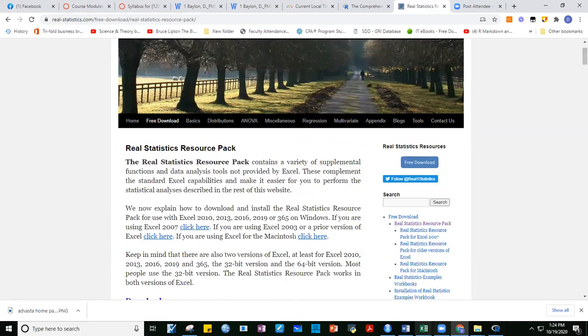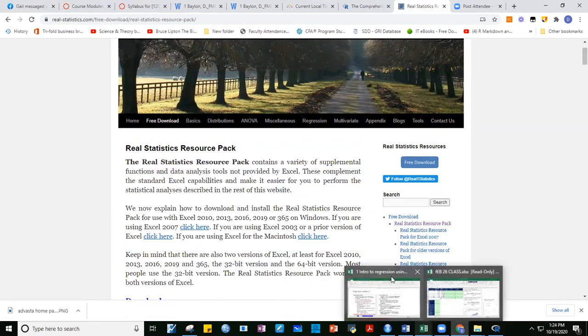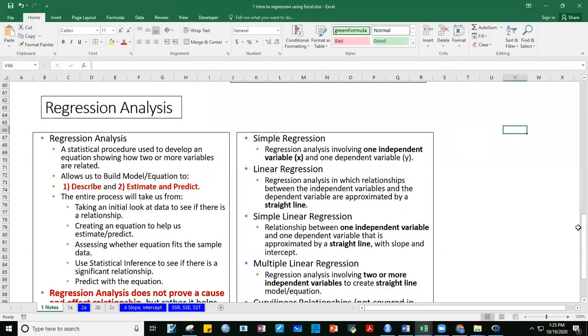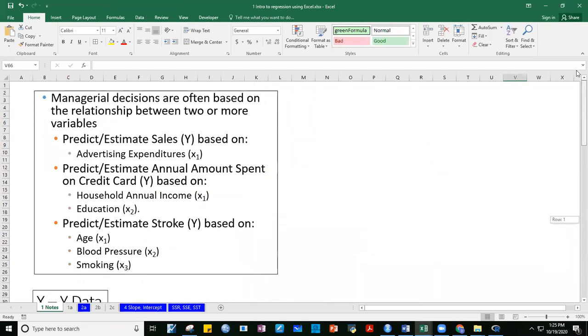All right, so let's open now the file that we're going to use. Can you see the screen? Yes, sir. All right, so let's start the ball rolling by looking at what regression is all about. Regression is very important.